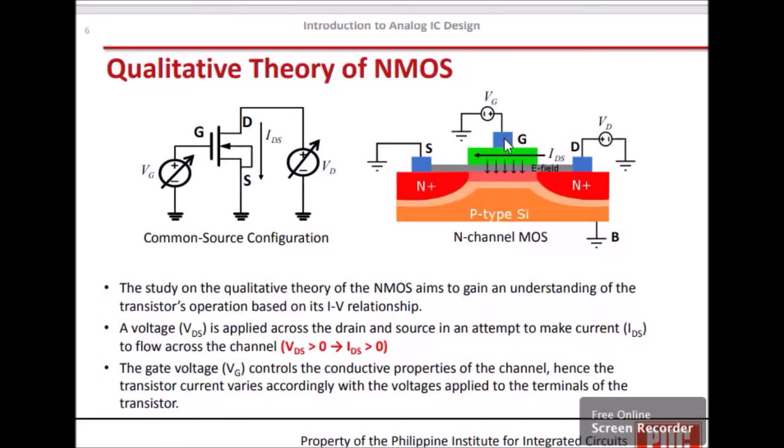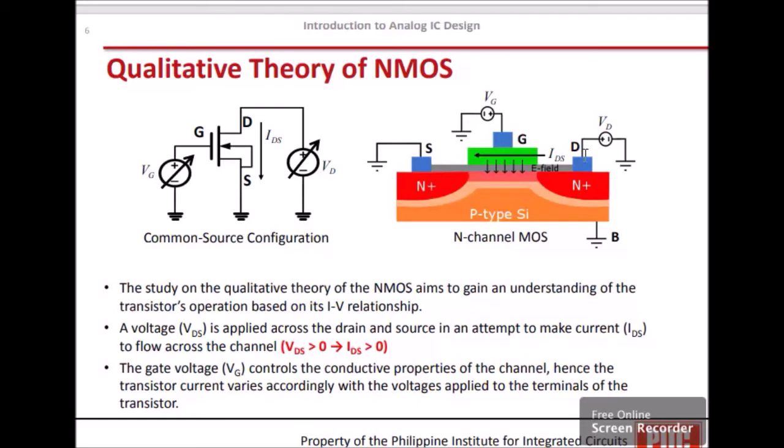Ang gate natin, kasi for current to flow, una, kailangan yung gate to source, meron siyang voltage na greater than the threshold. Kaya nilagyan niya ng VG yung gate to source.